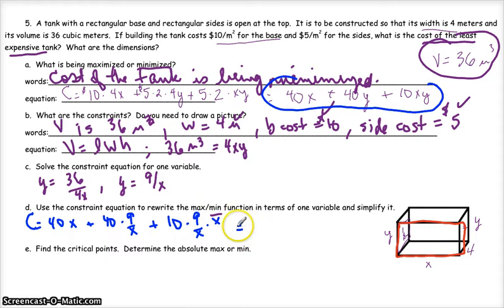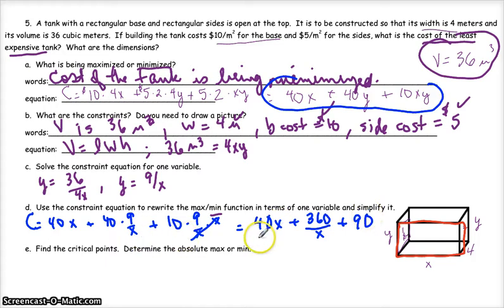So if we simplify that, we have a cost function including the constraint equation of 40x plus 360 divided by x. And in the last term, the x's will cancel, so plus 90.